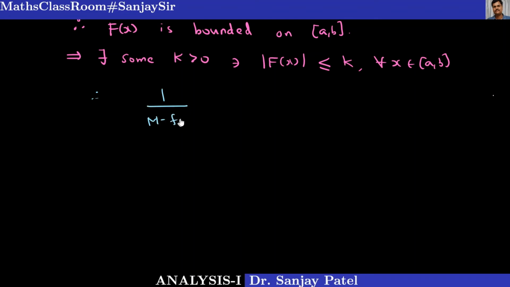So capital F(x), which is 1 upon (M minus f(x)), is less than or equal to k for every x in [a, b]. Taking the reciprocal, M minus small f(x) is greater than or equal to 1 upon k.